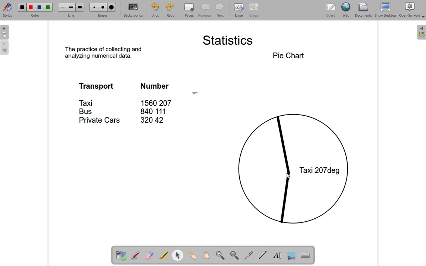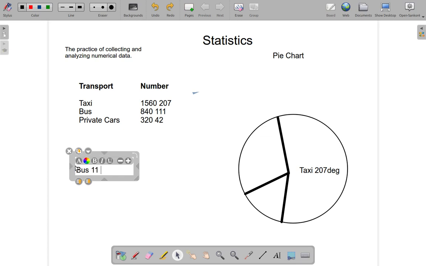The 111 has passed 90 degrees, so it's larger than 90 degrees, and that's bus. Bus takes up 111 degrees, so let me put that there.